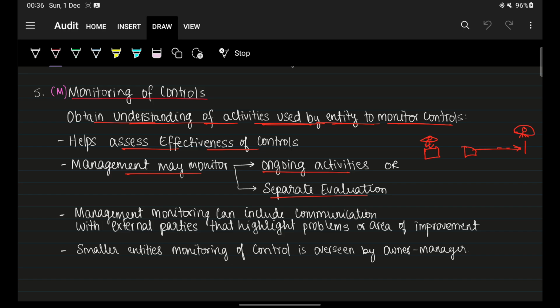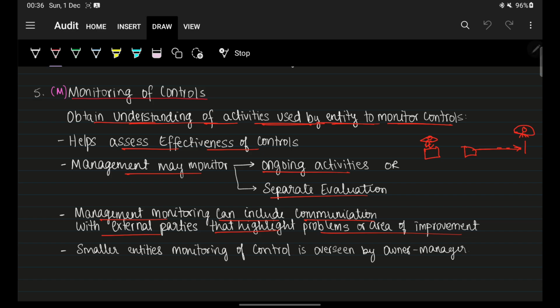Next, third point is management monitoring can include communication with external parties that highlight problems or areas of improvement, so they can ask external parties also for the purpose of internal control.